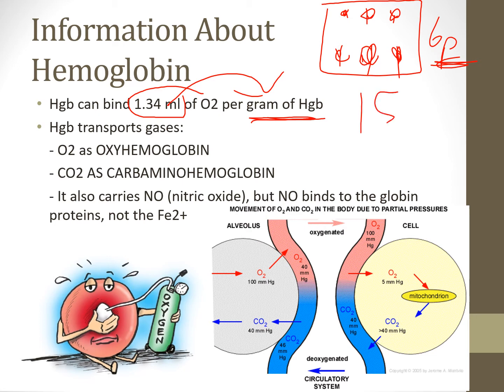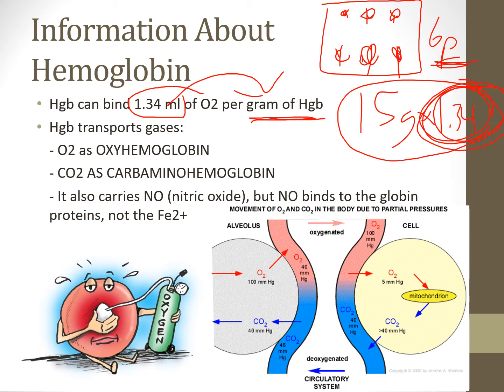Let's just say their hemoglobin level is 15 grams. And I can take that times 1.34. What I would be doing here by multiplying their grams of hemoglobin by 1.34 is finding out, of this 15 grams of hemoglobin, how many milliliters of oxygen I can fit onto their red blood cells right now.